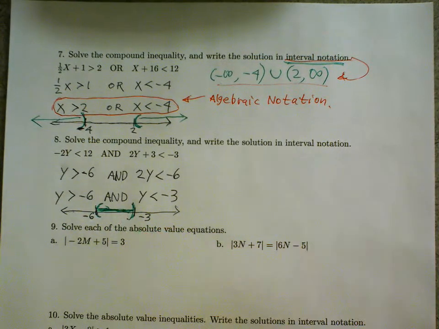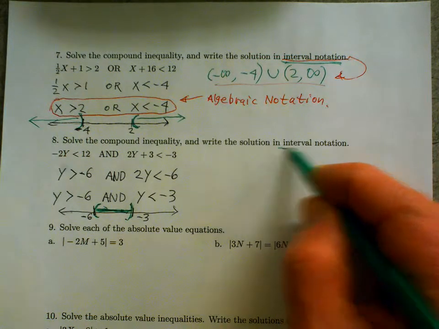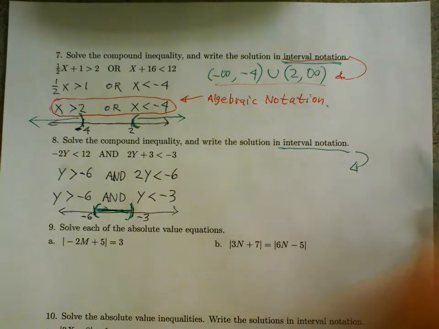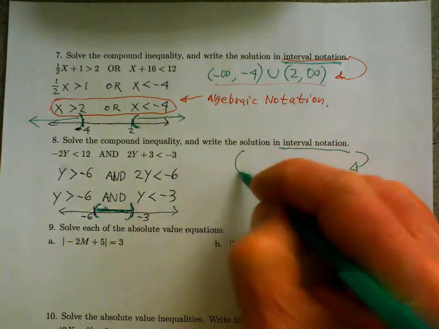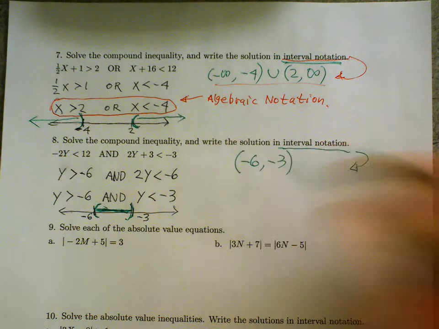So only the numbers that are strictly between negative 6 and negative 3 are solutions. The interval notation for this is parenthesis negative 6, comma, negative 3, parenthesis.